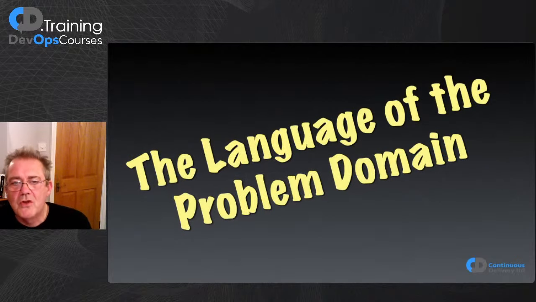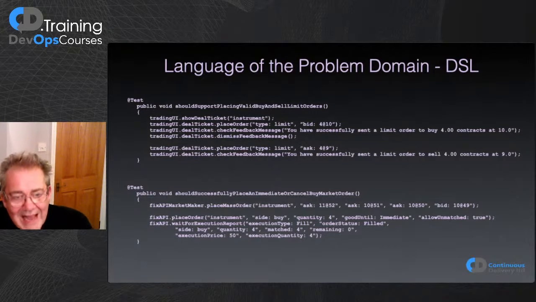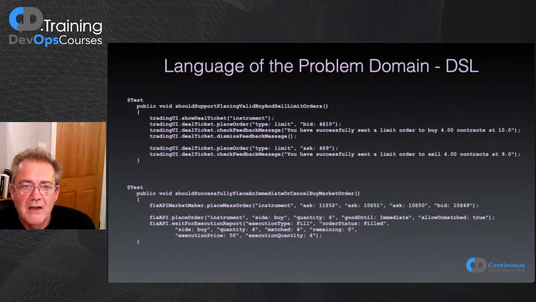All of this stuff is made much easier if we start applying the language of the problem domain to capture these test cases. Here are two real-world examples from a trading system that I was involved in building, and both of these are in the language of the problem domain. They're also in Java in this example.